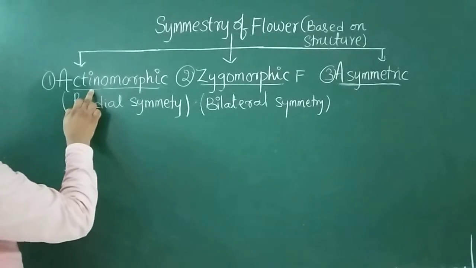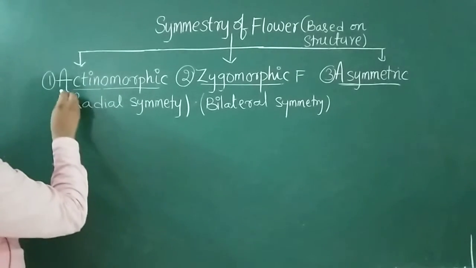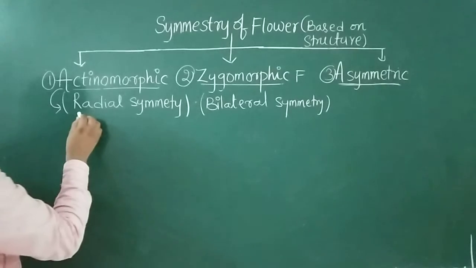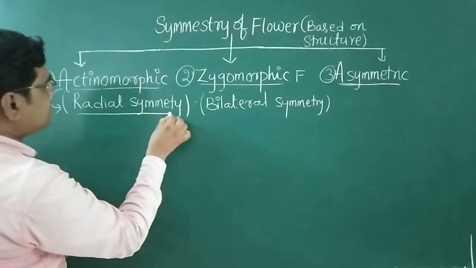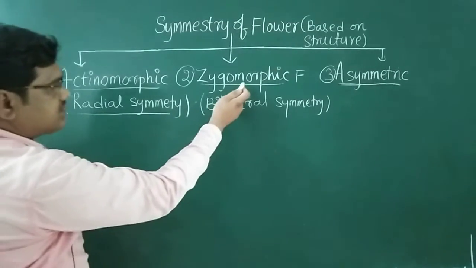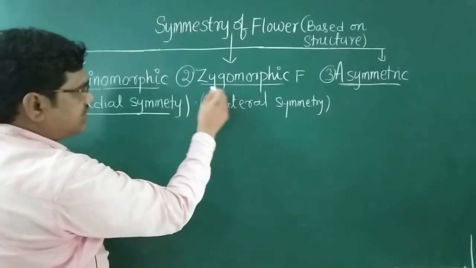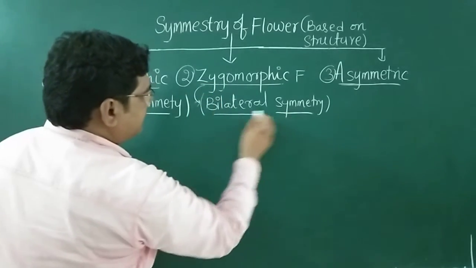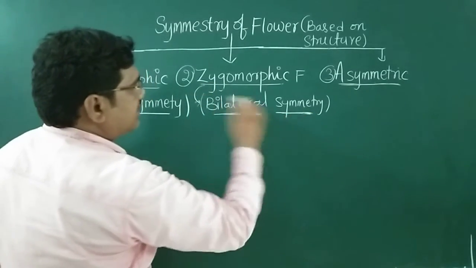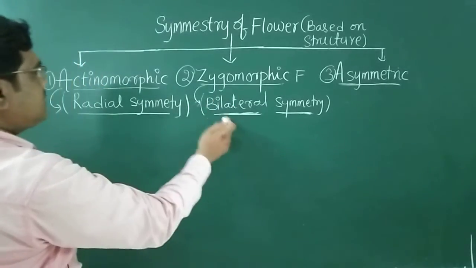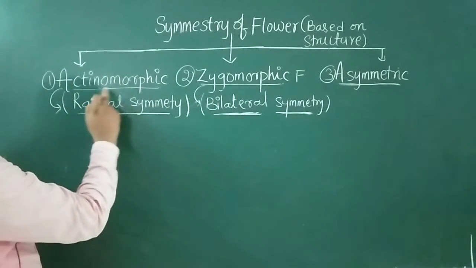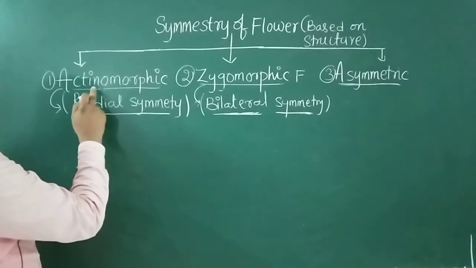Actinomorphic flowers are also called radial symmetry, and zygomorphic flowers are also known as bilateral symmetry. These are other names of these flowers.